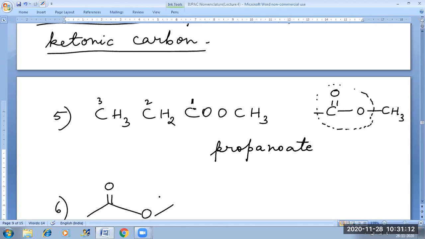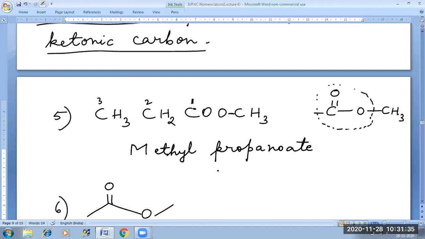So it is propanoate, alkanoate. So the suffix is propanoate here. Now, what about this one? This portion is present after oxygen. Whatever is present after oxygen is written before, which is methyl. So we will write it as methyl propanoate.